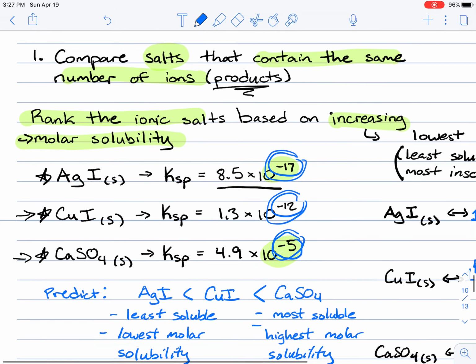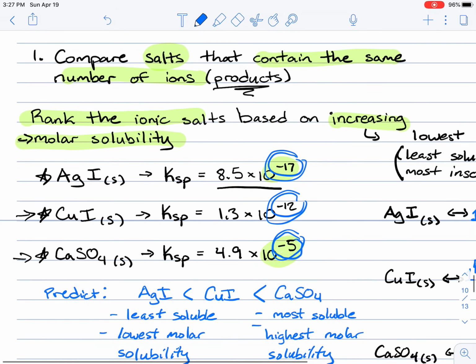If the number of ions produced from each of the substances that you're comparing is not the same, then you cannot rank the molar solubilities of the substances based on the magnitude of their KSP. And the only thing that you can do, so there's no approximation, right? There's no shortcut.